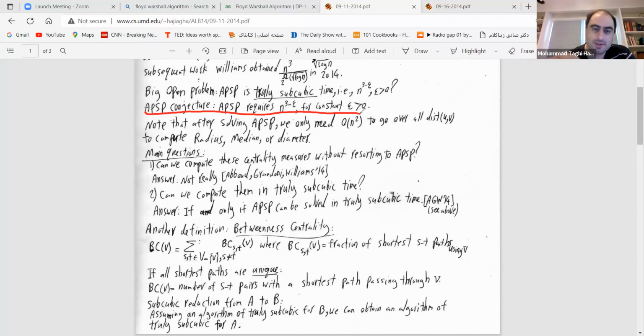Now, one other important thing: when we solve the all pair shortest path problem, if we are paying order n to the 3 to solve this problem, after that all of these other problems that we discussed, like radius, median, or diameter, will be easy. They only need order n square time.